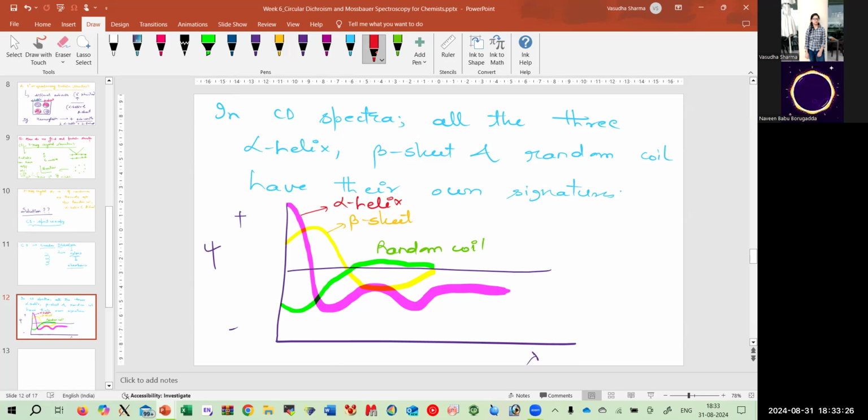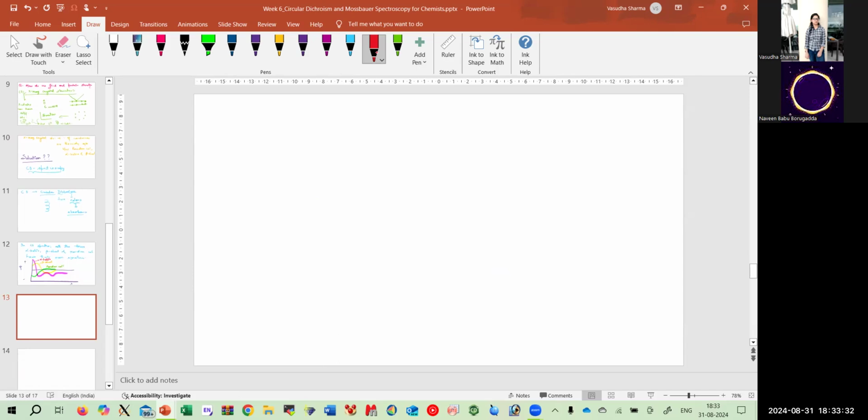Now, if you really need to identify, there are certain values which are fixed for alpha helix, beta sheet, as well as random coil. In alpha helix, these are the important points in CD spectroscopy. Point one is it would always have a positive band or signal around 190 nanometer.